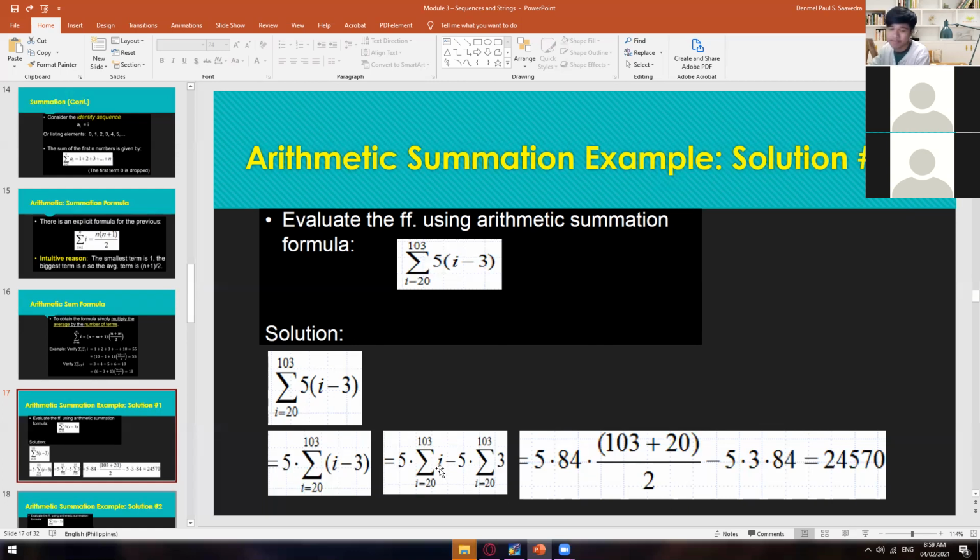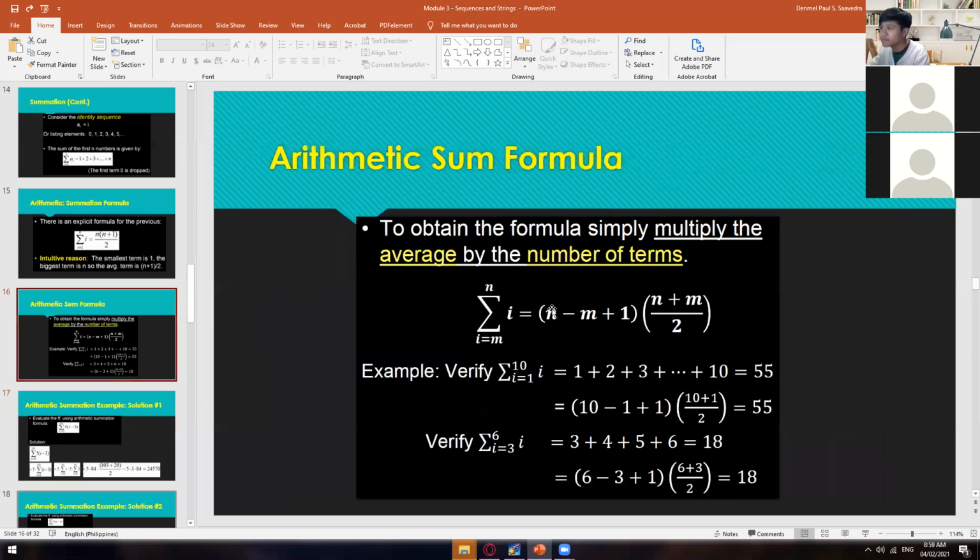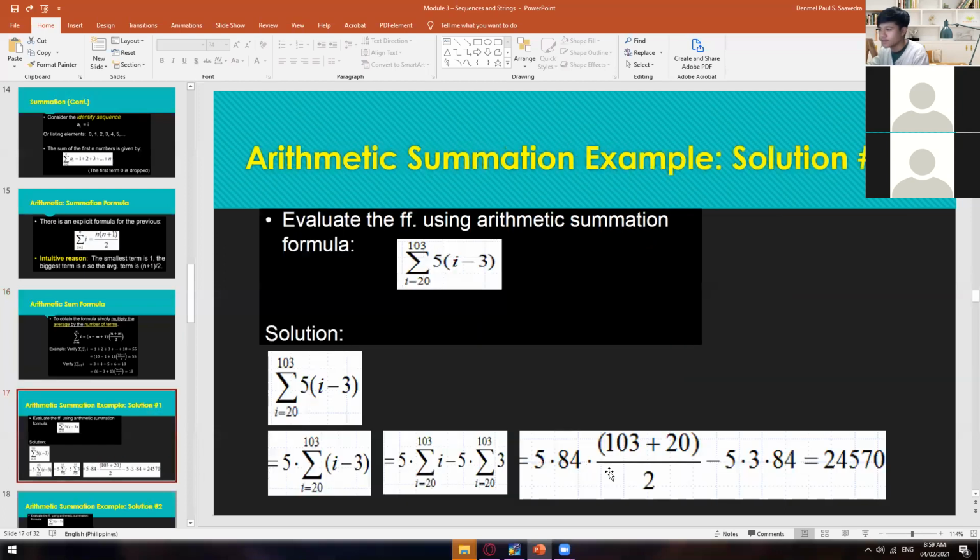This is n plus m divided by 2. So the summation of 1 is n minus m plus 1, and this I is n plus m divided by 2. One formula and then another formula, which is now this one.